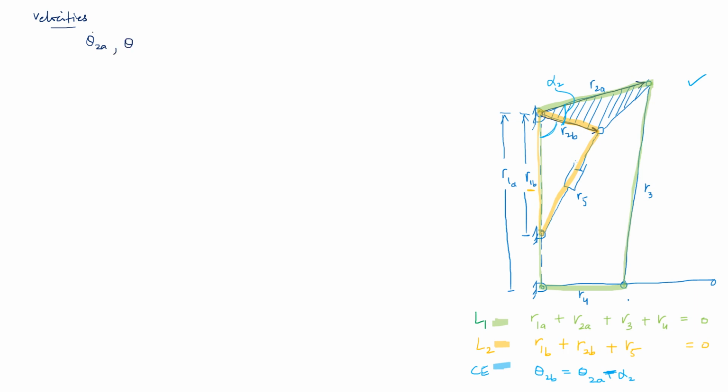I need to compute theta 2b dot as well, then theta 3 dot, theta 4 dot, and theta 5 dot. These correspond to link number 2, which is a ternary link, and links 3, 4, and 5, which obviously need to be known.